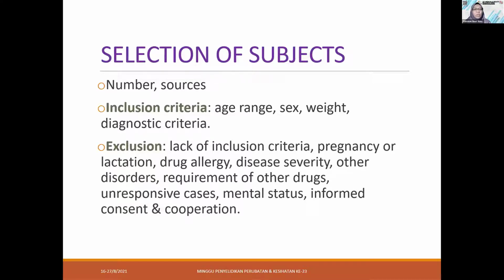But after we include them, what are the criteria for us to exclude them? So it's not a mirror image between the inclusion and exclusion. So when there is a lack of inclusion criteria, for example, maybe in the inclusion group just now there are pregnant or lactating women, or whatever the side effect, etc., then we exclude them.